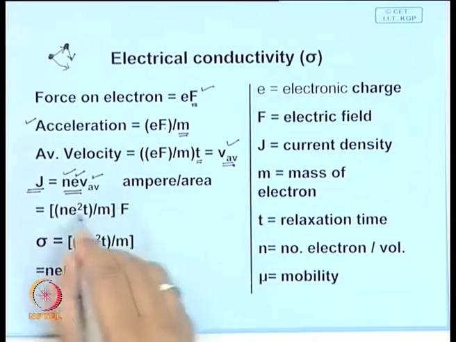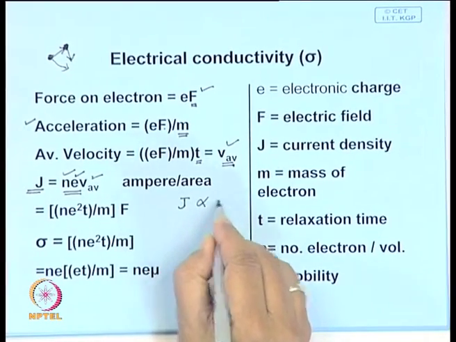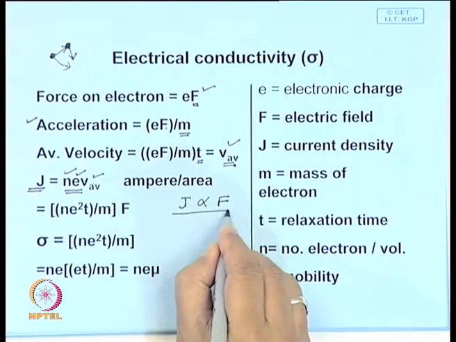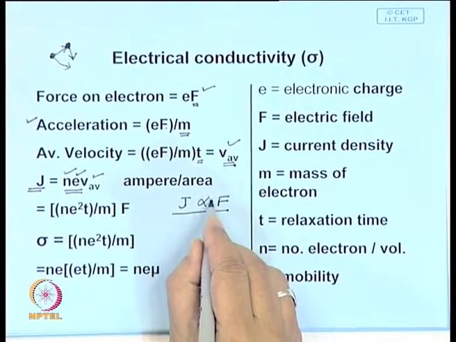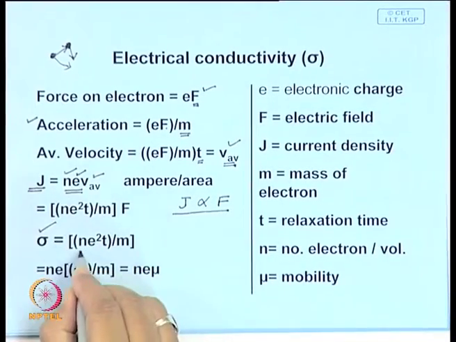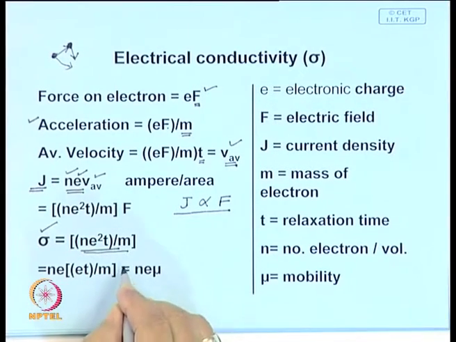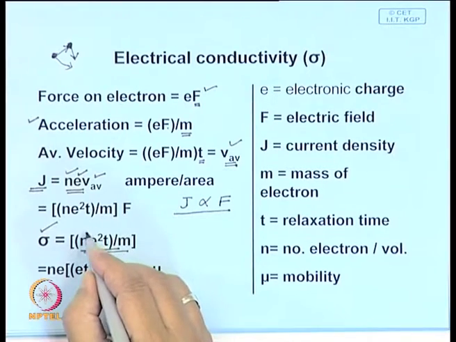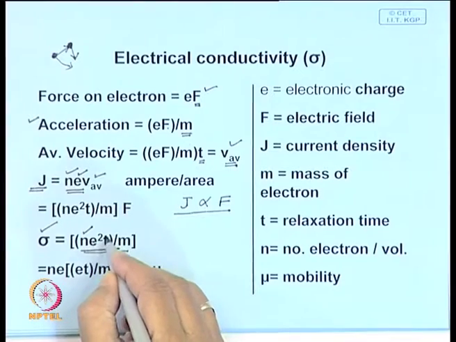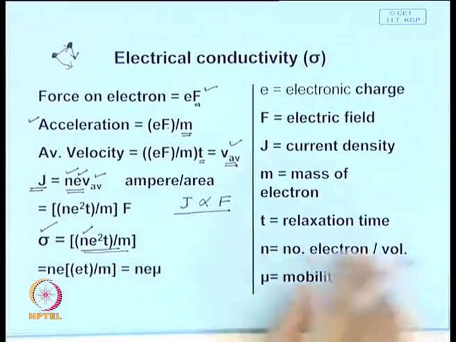This expression says J is proportional to the electric field. This is one way of specifying Ohm's law, and that constant of proportionality is sigma, which is known as conductivity. So, this is the expression for conductivity. It depends primarily on the number of charge carriers, e is constant, and the relaxation time t.